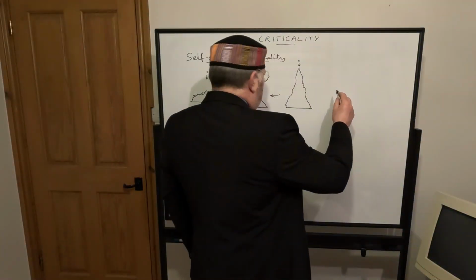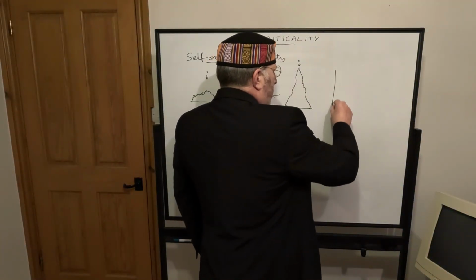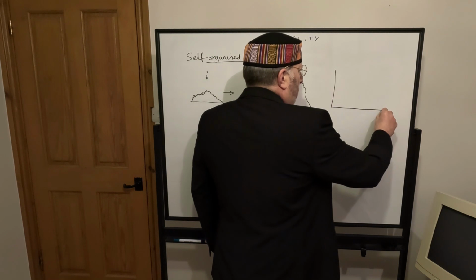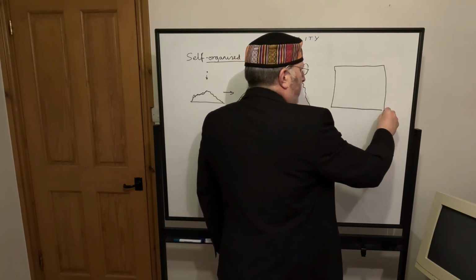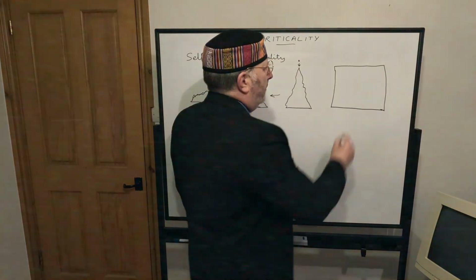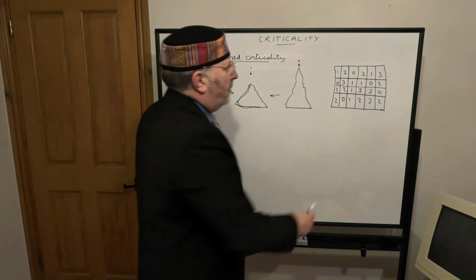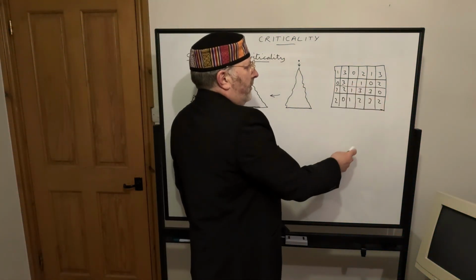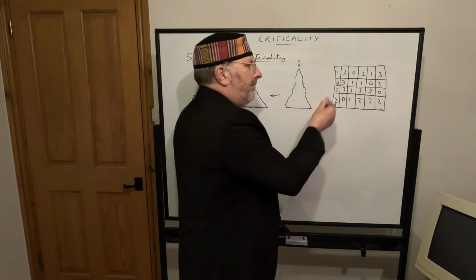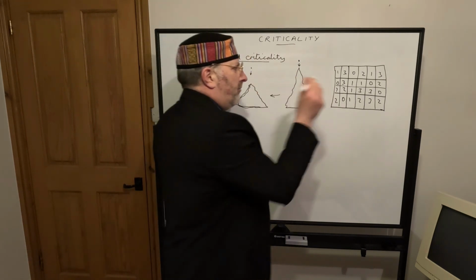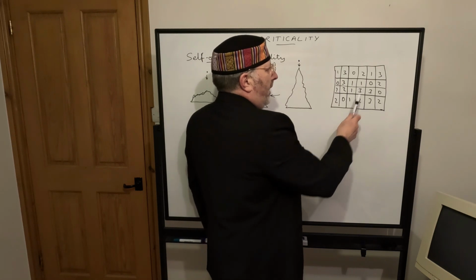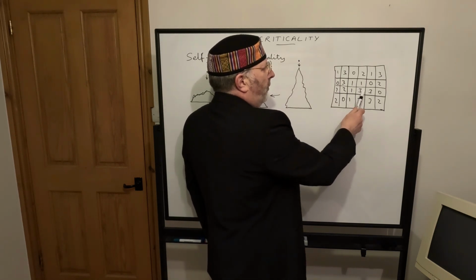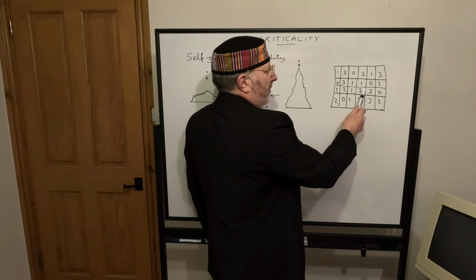Now, this has been studied with real sand piles, but it's also typically studied with a computer model. In the computer model, we imagine a grid that can have certain numbers of grains of sand on each cell, and it can be any number from 0 to 3.